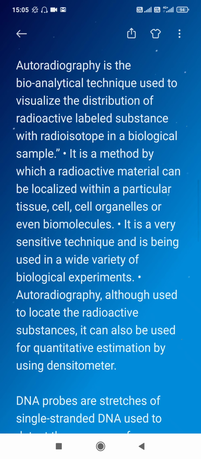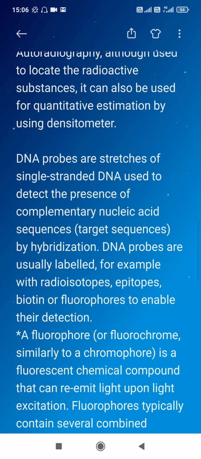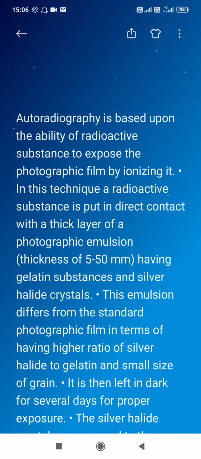It is a method in which radioactive material can be localized within a particular tissue, a particular cell, organelle, or even biomolecules. It is a very sensitive technique and is used for various biological experiments. The main principle of autoradiography is that it is based upon the ability of a radioactive substance to expose photographic film by ionizing it.